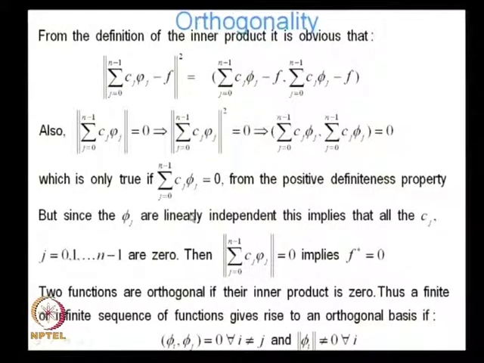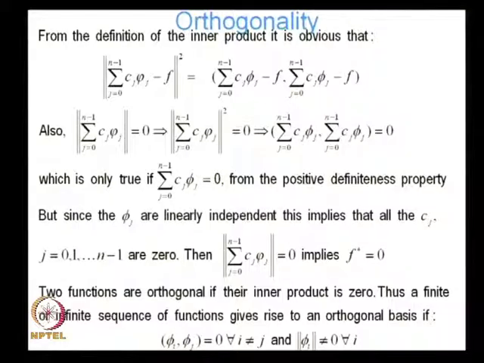But since the phi_j are linearly independent, this implies that all the C_j, j equal to 0 through n minus 1, must be equal to 0, right. Then what does this mean? This means that if the norm of sigma C_j phi_j is equal to 0, then all the C_j's must be equal to 0, right, and phi star, f star is also going to be 0, right, because f star is constructed by this, sigma C_j phi_j, right.